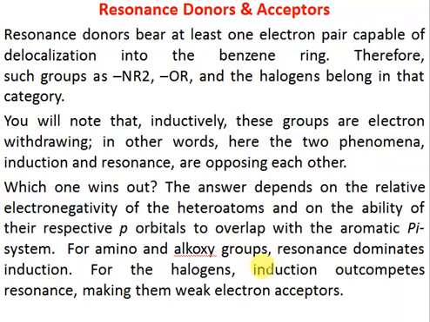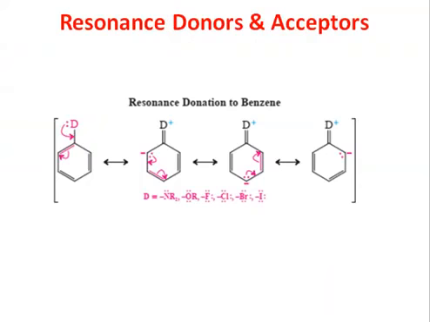As a result, the halogens are weak electron acceptors. If you have a halogen directly attached to the benzene ring, the halogen will accept electronic density, although not significantly. They will still donate electronic density, but they will still be considered weak electron acceptors.